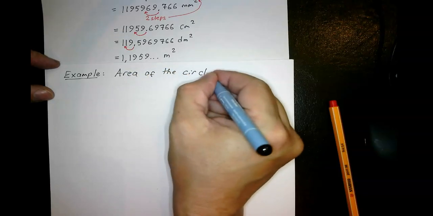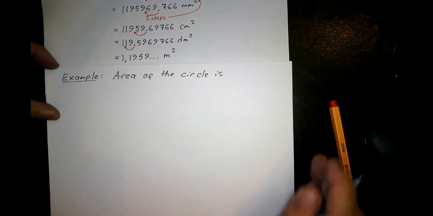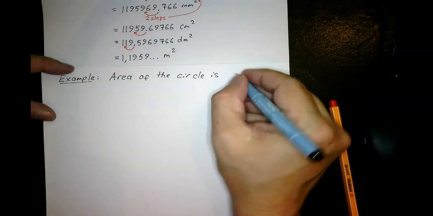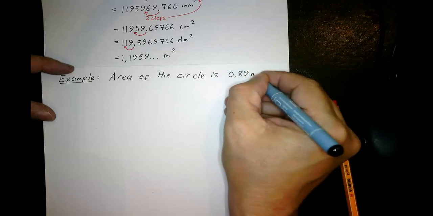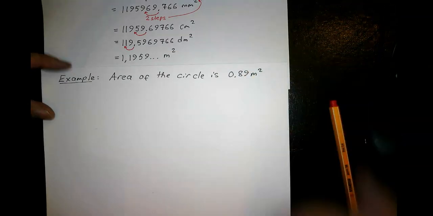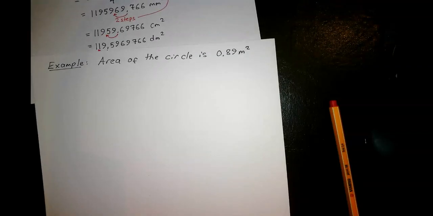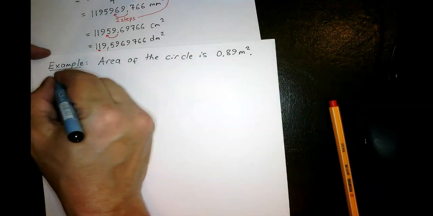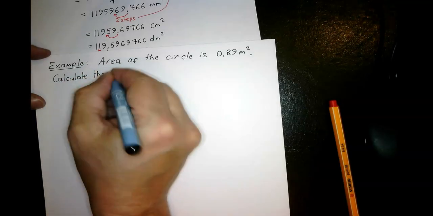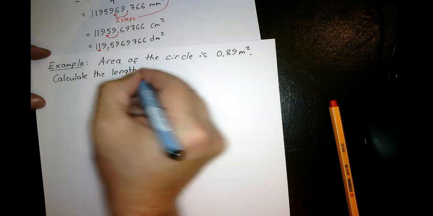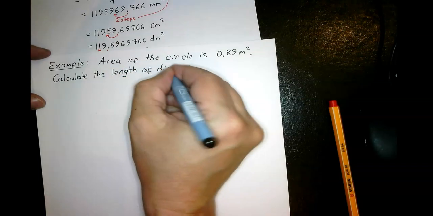The area of the circle is, let's take 0.89 square meters. Calculate the length of the diameter.